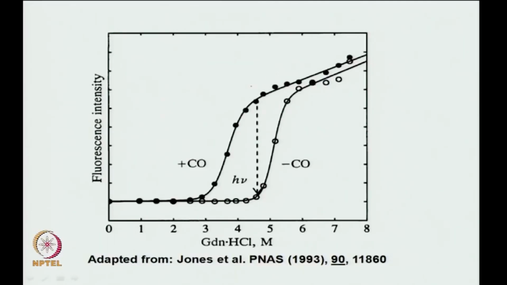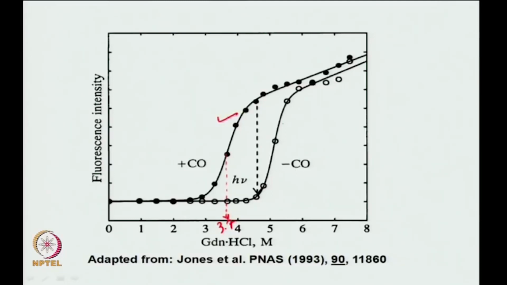This curve is the one where the cytochrome C is bound to CO. As was shown in the previous slide, its unfolding transition is at about 3.7. So, this 3.7 would be somewhere here. This is 3.7 molar, okay. This is the Cm, right, and then it unfolds.